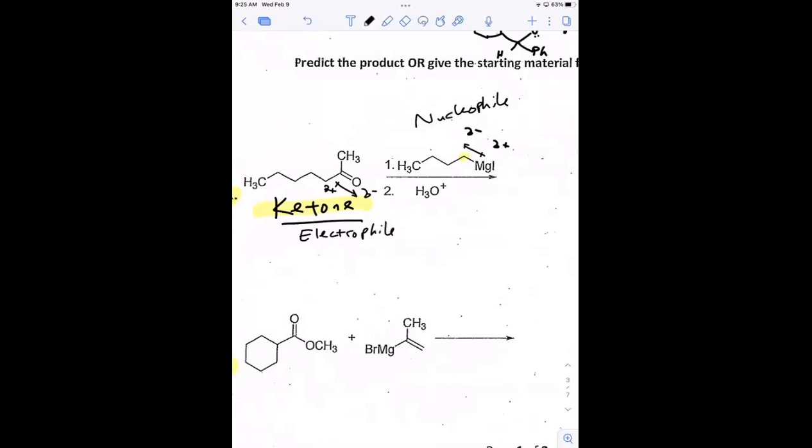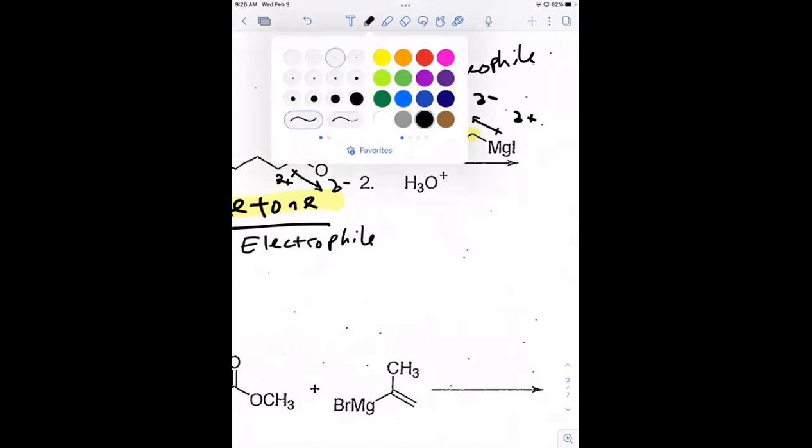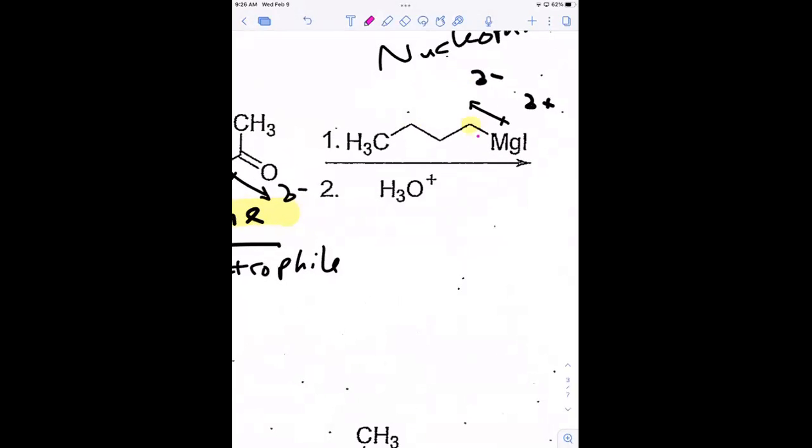All right, so what are the arrows going to look like for this reaction when that Grignard attacks the ketone? The arrow's going to go from the carbon on the Grignard to the carbonyl, and then the oxygen is going to break off. Good. I'm going to start my arrow here at the bond, because that's where the electrons are actually coming from.